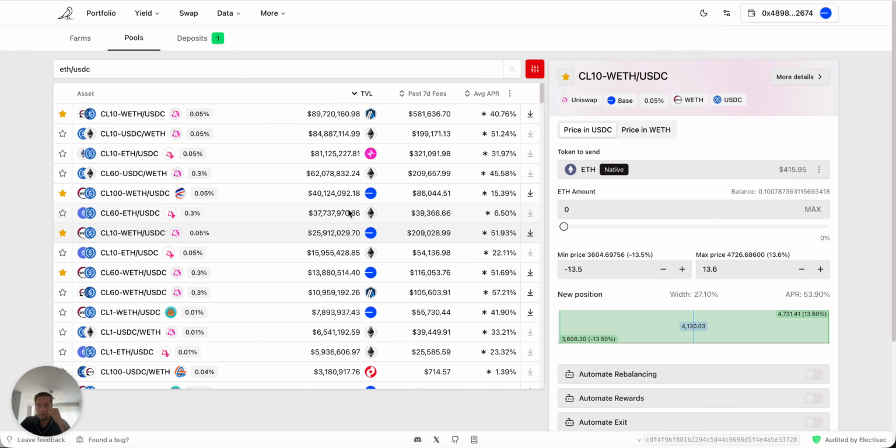Another very interesting factor to know. We have this pool on Uniswap, ETH USDC, right? This one on Base with 26 million TVL and 200K in fees over the last 7 days, more or less. That's the average. But then you have the same assets on Arbitrum with higher TVL and even more fees, right?